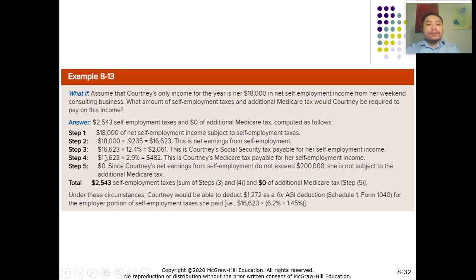So we take $73,880 times 12.4%, which gives us $9,161. This is her Social Security tax.